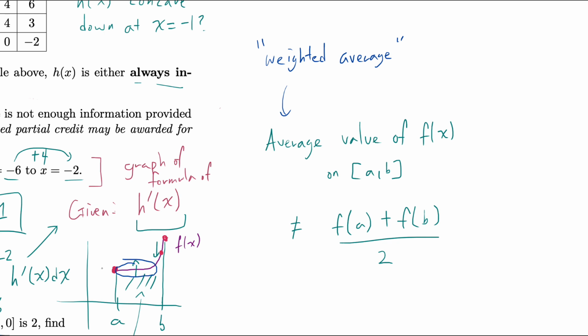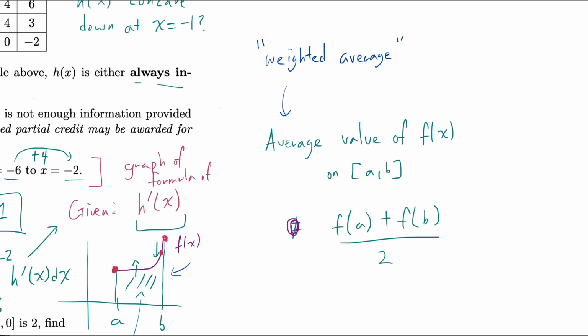And since you're very close to f of a for most of the time between a and b, you're going to give higher weight to the values near f of a than the values near f of b. So the average value of f of x is going to turn out to be smaller than this thing.